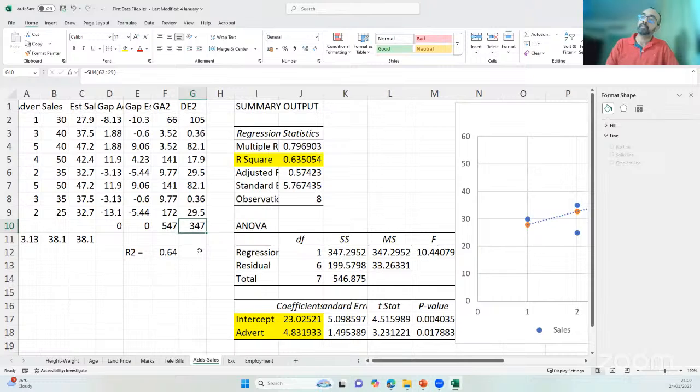But this is the actual deviation of the y value for those x values. Okay. So the total deviation is not explained, only this much is explained. So when we divide the explained deviation by the actual deviation, we get the r square.